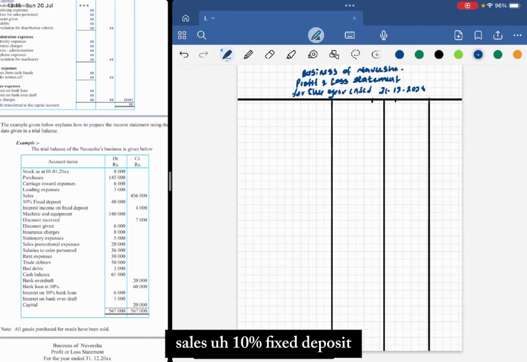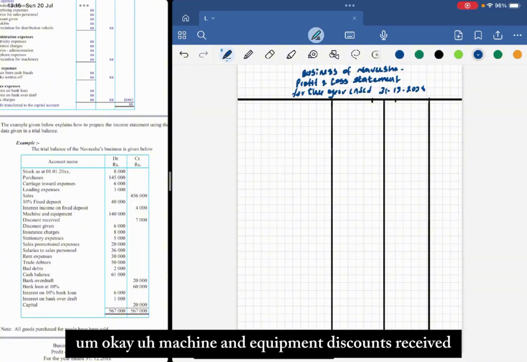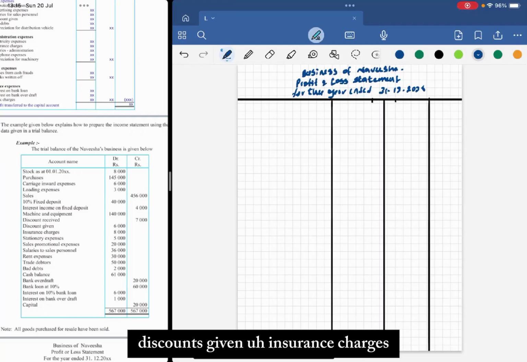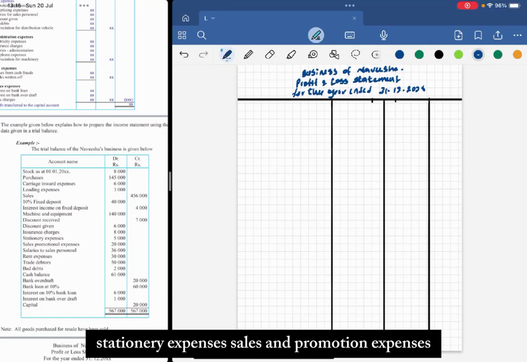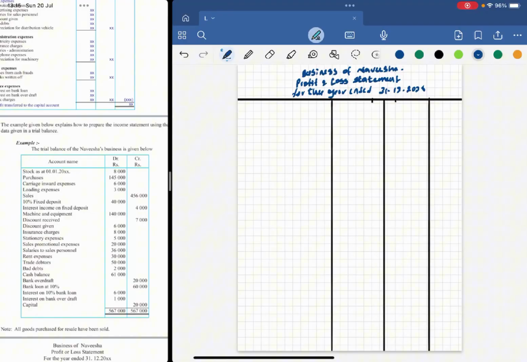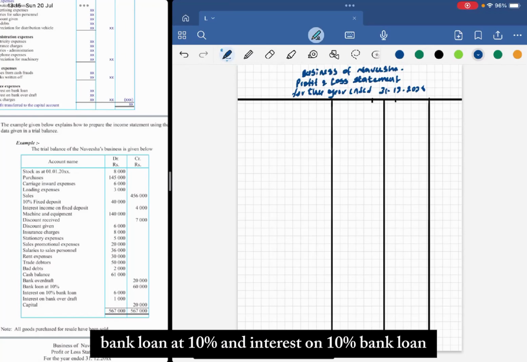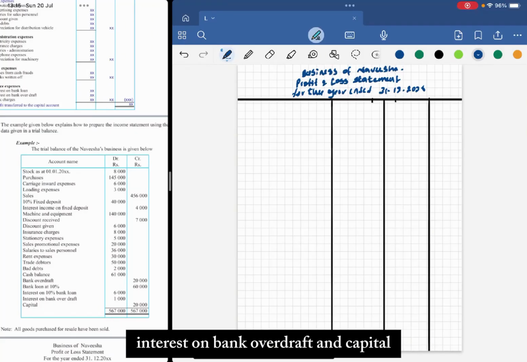Sales, 10% fixed deposit, interest income on fixed deposit, machine and equipment, discounts received, discounts given, insurance charges, stationery expenses, sales and promotion expenses, salaries to sales personnel, rent expenses, trade debtors, bad debts, cash balance, bank overdraft, bank loan at 10%, interest on 10% bank loan, interest on bank overdraft, and capital.